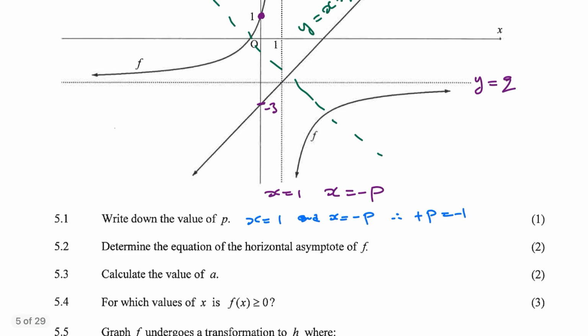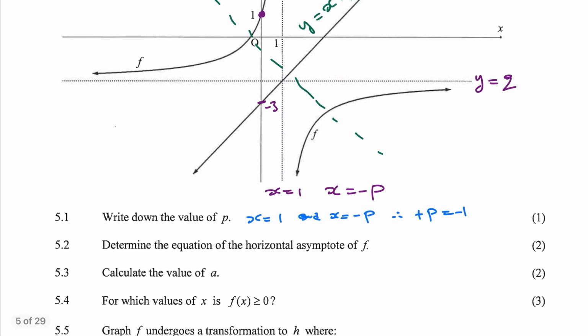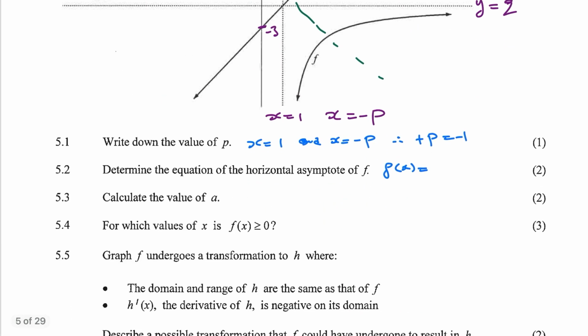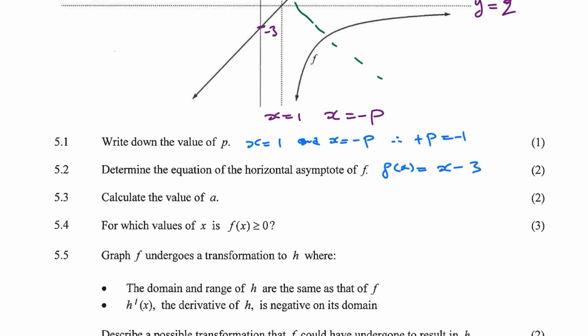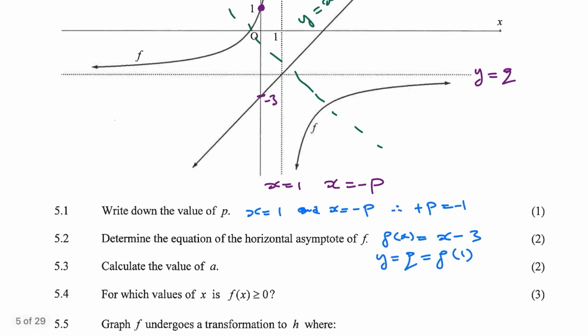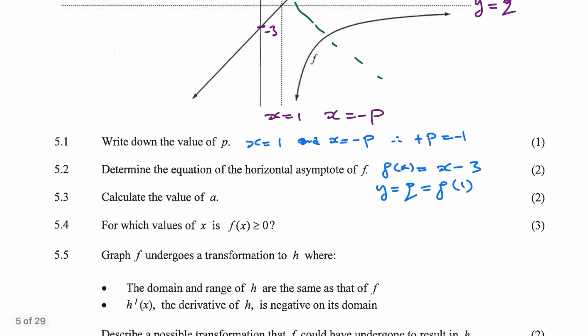So what I'm saying is you are given g of x is equal to x minus 3. So y, which is equal to q, is equal to g of 1. At this point here, this is where we can get the y asymptote, or the horizontal asymptote.